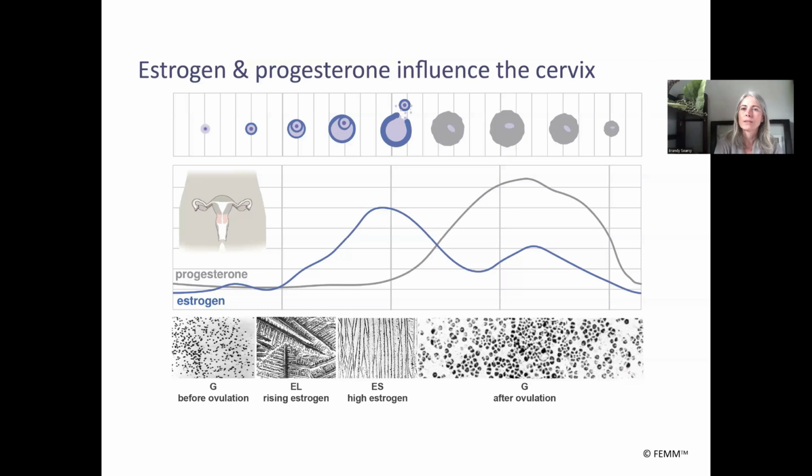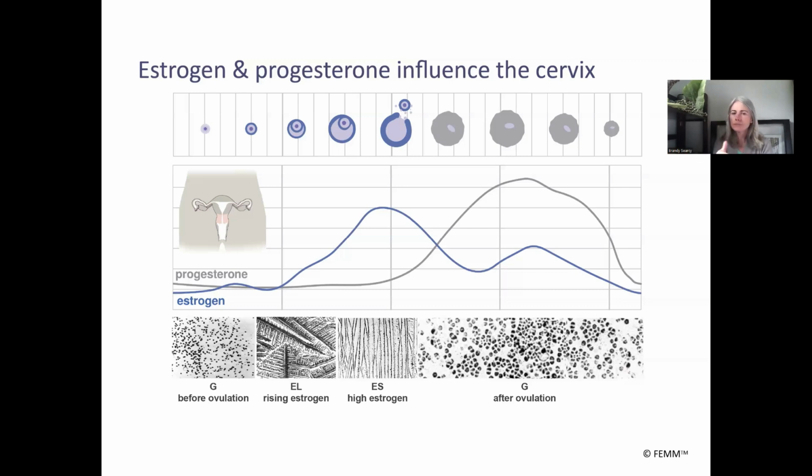And the reason for this is because now your cervical fluid is starting to be impacted by the presence of estrogen. However, estrogen is still low, so it's not the most fertile quality type of fluid.